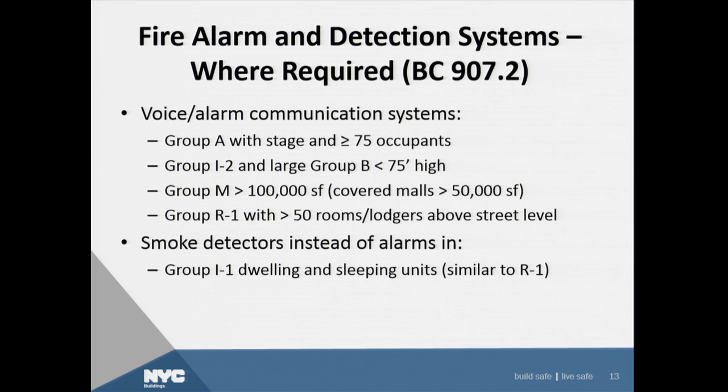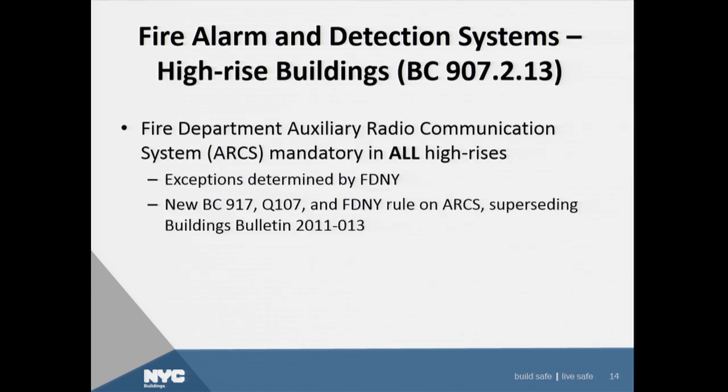Previously, they were permitted to have smoke alarms locally ringing inside the dwelling units. This new code provision will treat them similar to the R-1, where a detector in the apartment will ring to a supervised location. So a little bit of difference there.